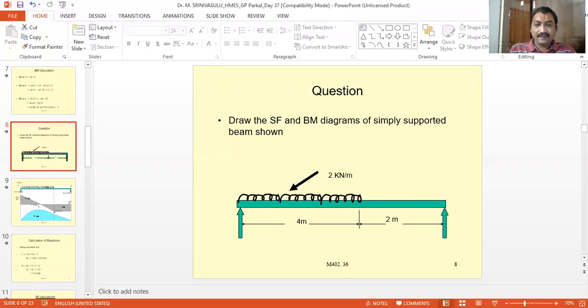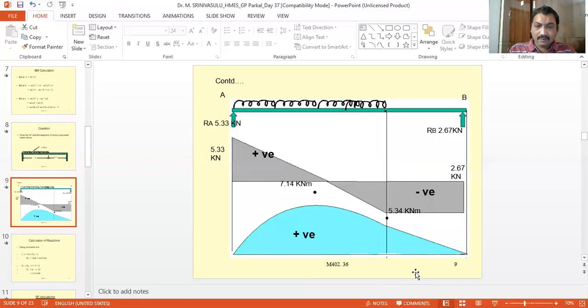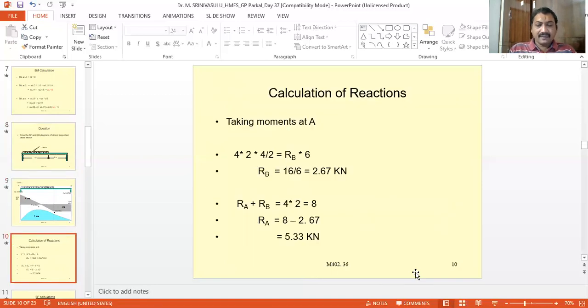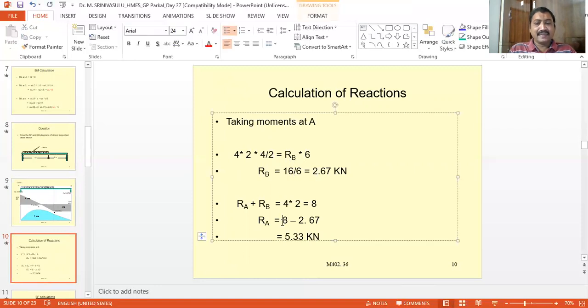That is 4 into 2, 8, 8 into 4, 32 by 2, 16. So 16 is equal to RB into 6. Now RB is equal to 16 by 6, that is equal to 2.67 kN.